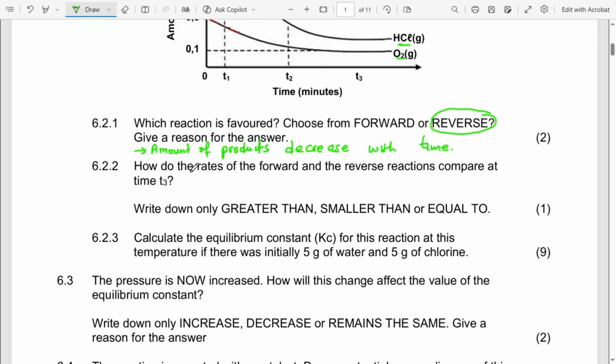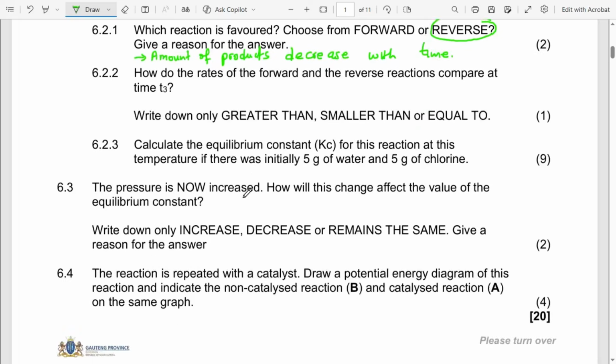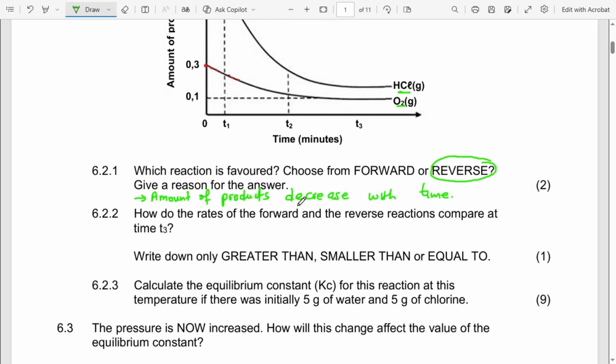How do the rates of the forward and the reverse reaction compare at T3? So let's quickly go to T3. If you look at T3, this is what we call equilibrium.